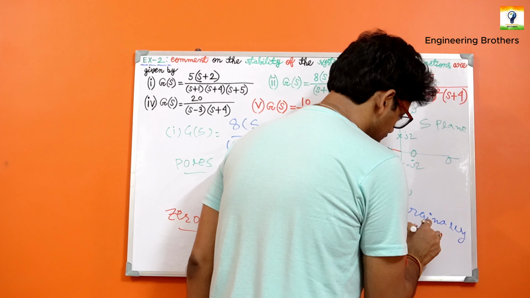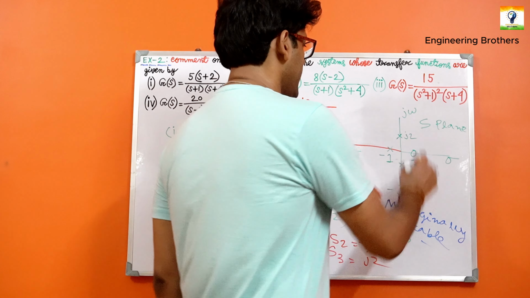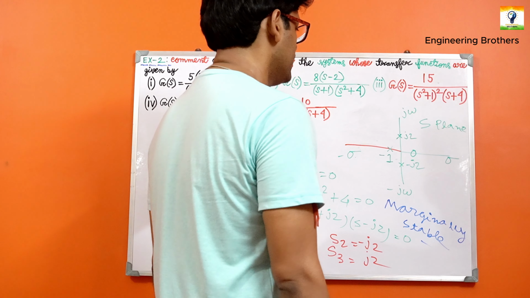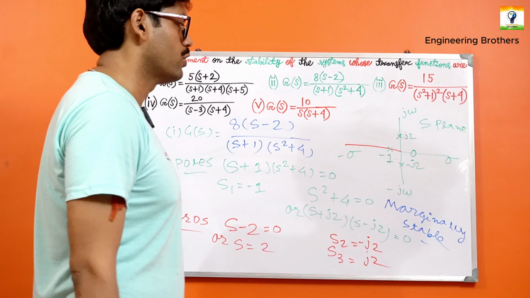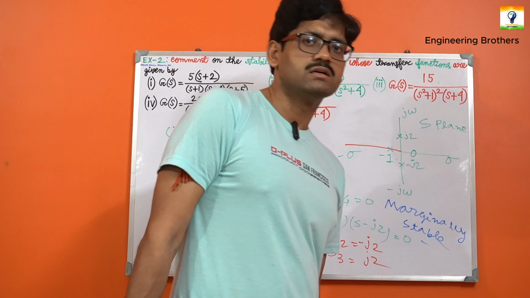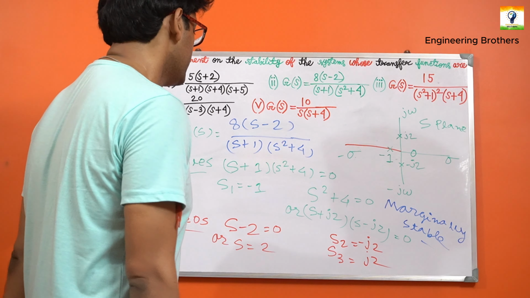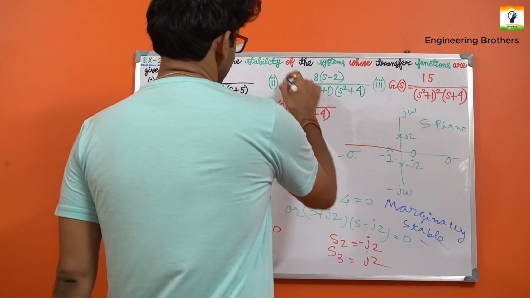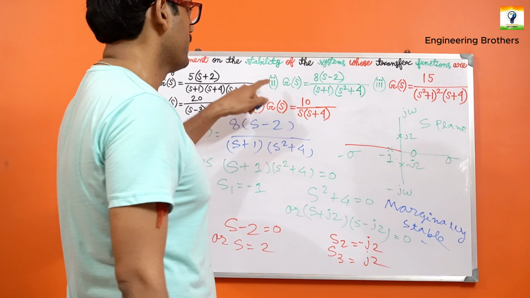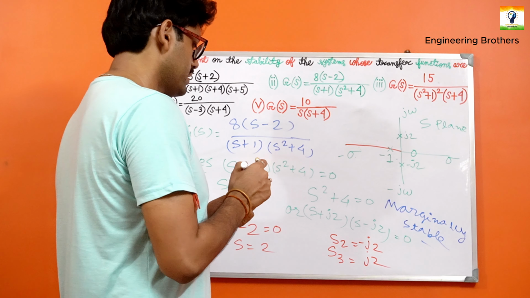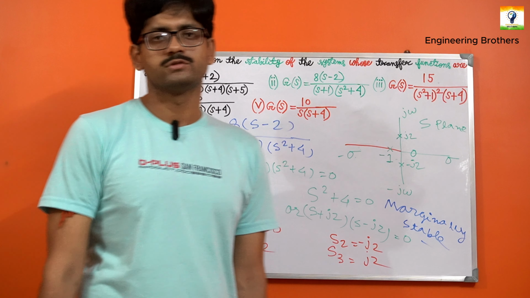Why marginally stable? Because these poles are placed on the j omega axis, and as these two poles are dominating in nature, we can say that the transfer function of this part 2 will be considered a marginally stable system. I hope you have totally understood up to this one.